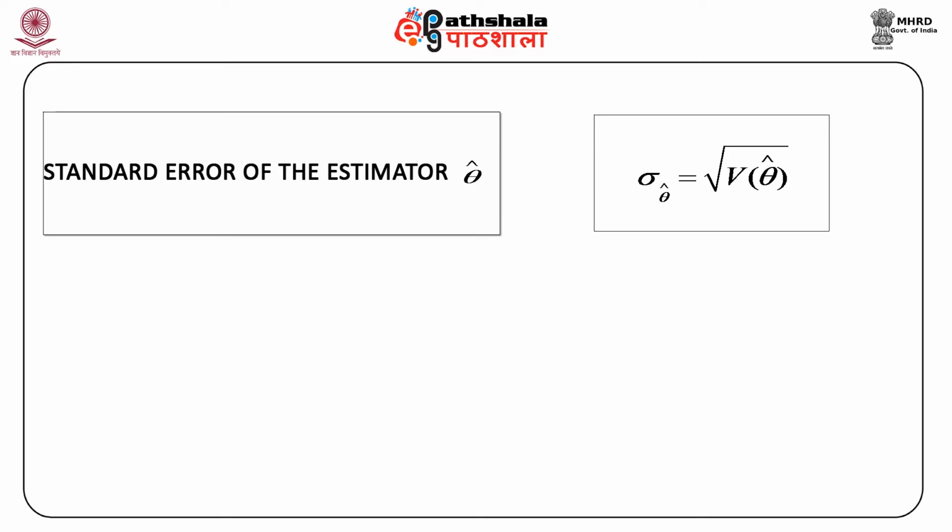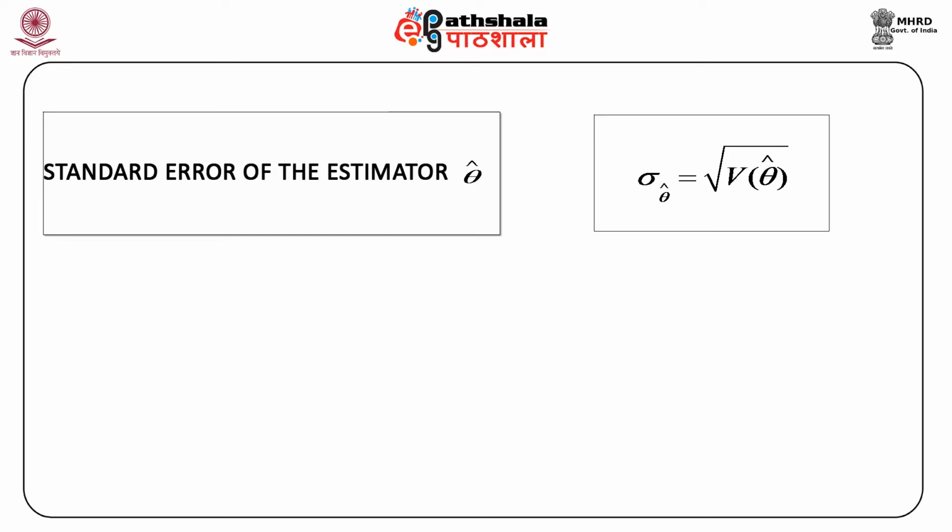If sigma theta hat involves unknown parameter values that can be estimated, we can substitute these estimated values to obtain the estimated standard error in such cases. The estimated standard error can then be denoted as sigma hat of theta hat or S of theta hat.